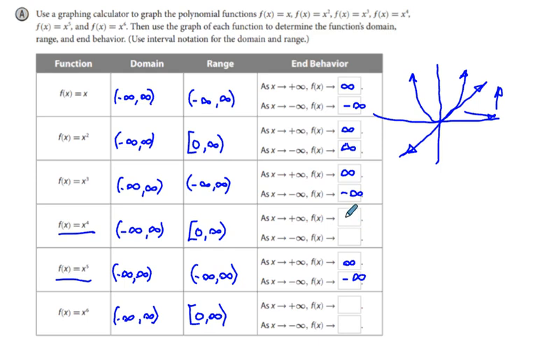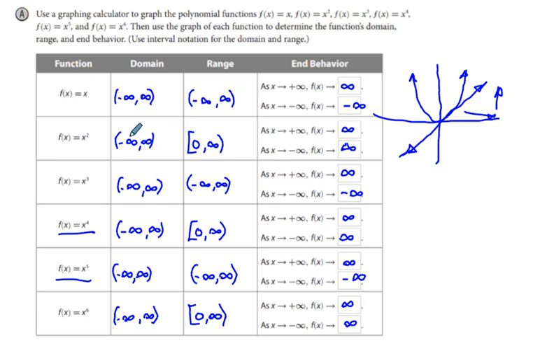And it's going to be likewise for all of these even-numbered functions. So that's going to be it.